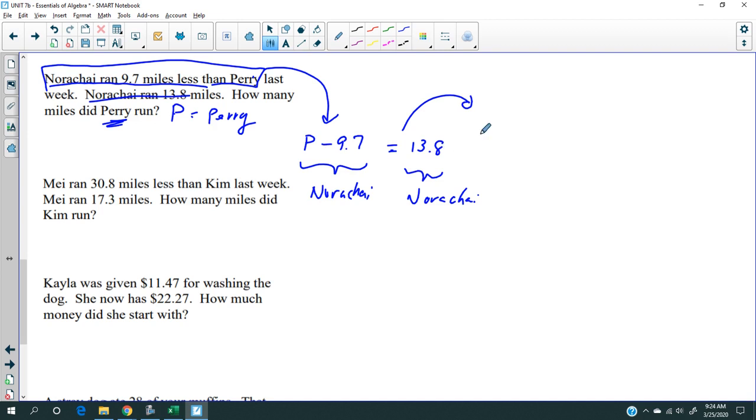Hopefully that helps. Now you solve it. What's the answer? Let's do it real quick. Cancels out. What is that? 0.7, 15, 9 plus 13 is 22, 23 miles.